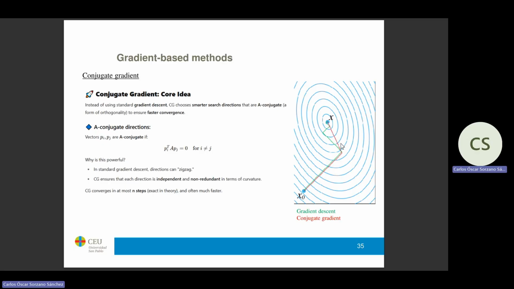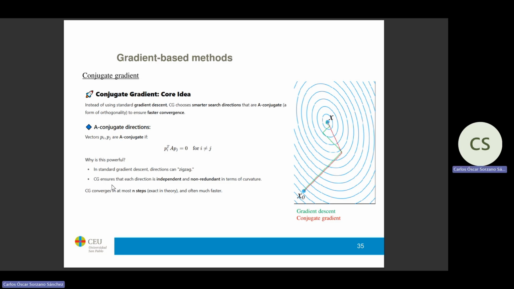A conjugate in a 2D quadratic problem will go faster because you are not undoing part of the gain that you had here. It was undone by this movement, and then you have to zigzag. But here you are moving in the direction that goes from where you are to the minimum.